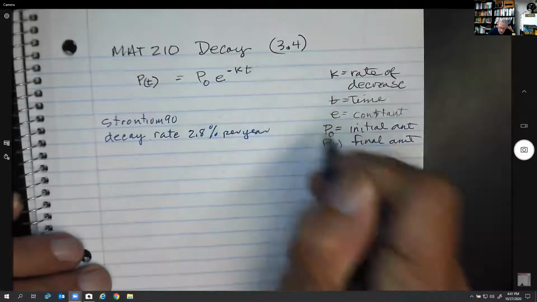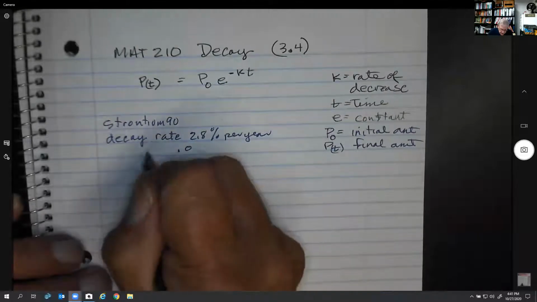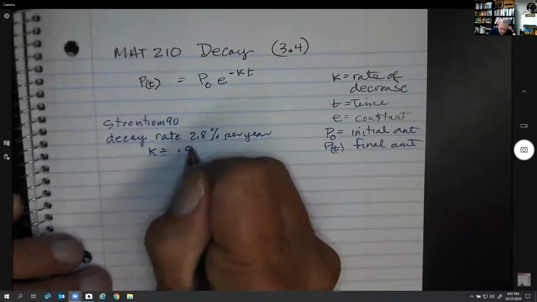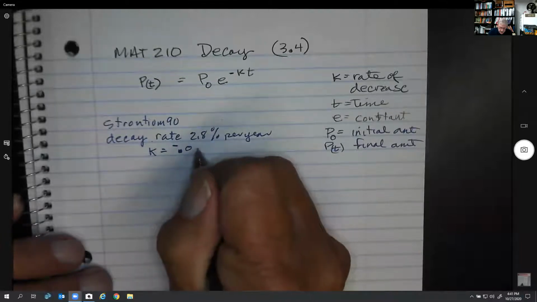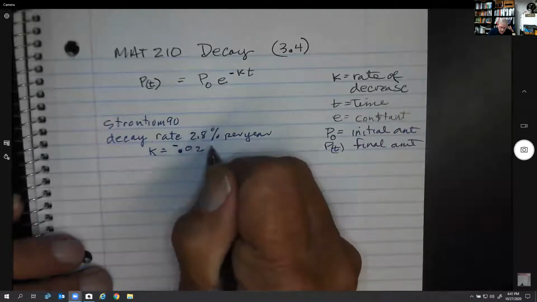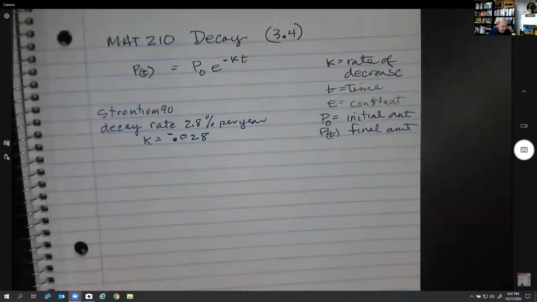So we know that that's actually going to be 0.028. This is going to give us K, and K is going to be negative because it's decaying, negative 0.028. And that's what we're going to use for our value of K in our problem.